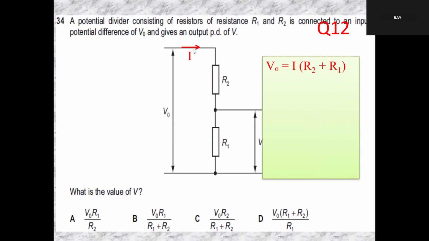Current times the sum of the two resistors is the potential difference across both of them. And I cross multiply R2 over R1. Then V is I times R1. So I is that one. This is R1. Okay, B.